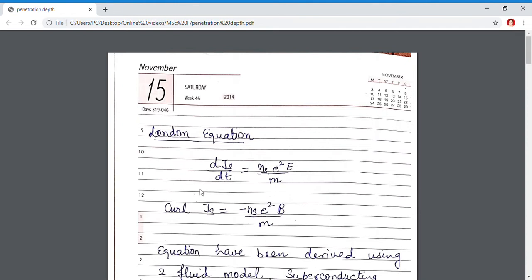The second expression is curl Js is equal to minus ns e square B upon m. B is the strength of magnetic field.